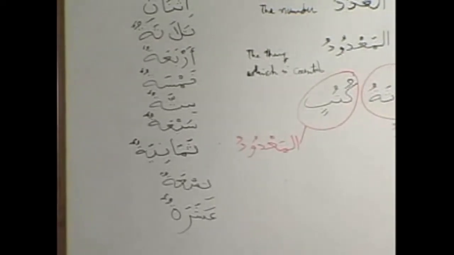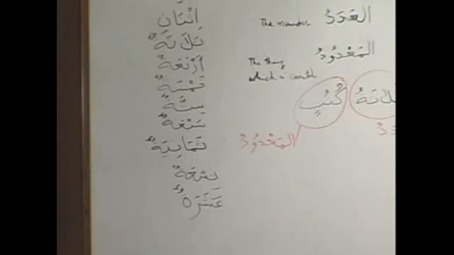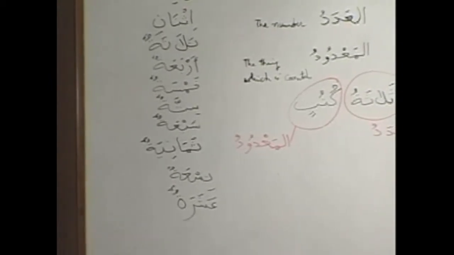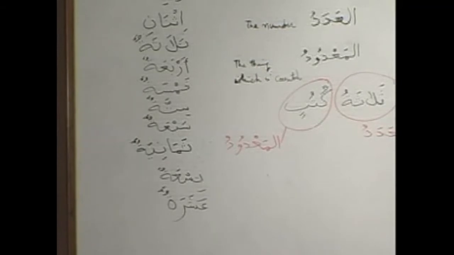Okay. Now let us count pens. Now you got to understand one thing, brother. When you write salasatun, it's on its own. That is why we said salasatun. But when it comes to mudaf, it becomes salasatu. You know that.